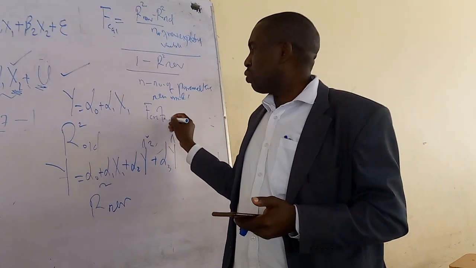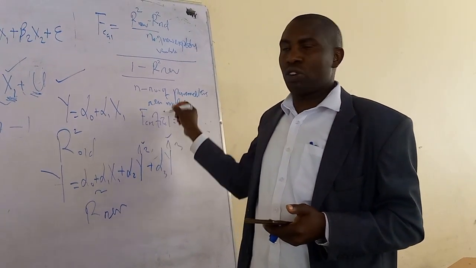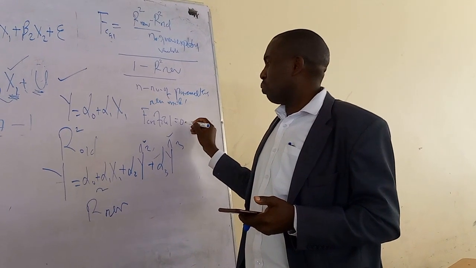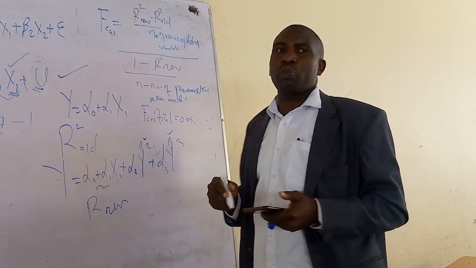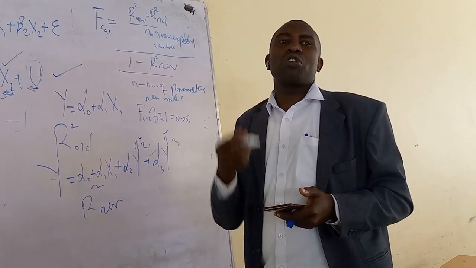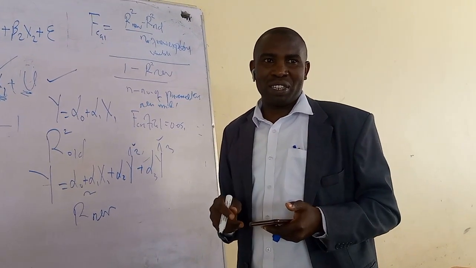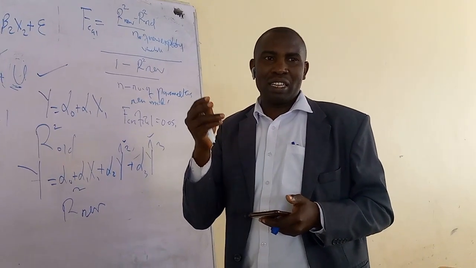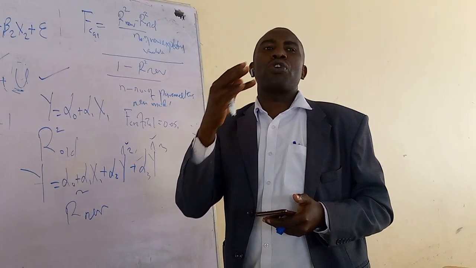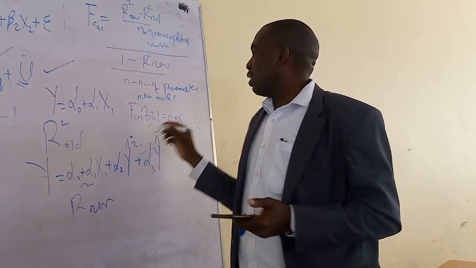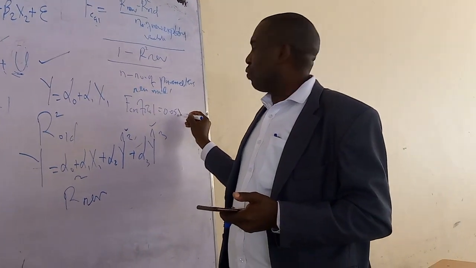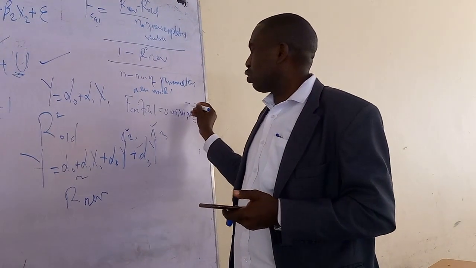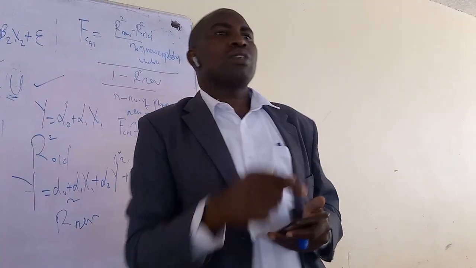Once you get this F calculated, you get F critical. How do you get F critical? You need the level of significance, 0.05 for example, or 0.01, or 0.1, that is 10, 5, or 1 percent. And F also has V1 and V2 degrees of freedom. What is V1? What is V2?